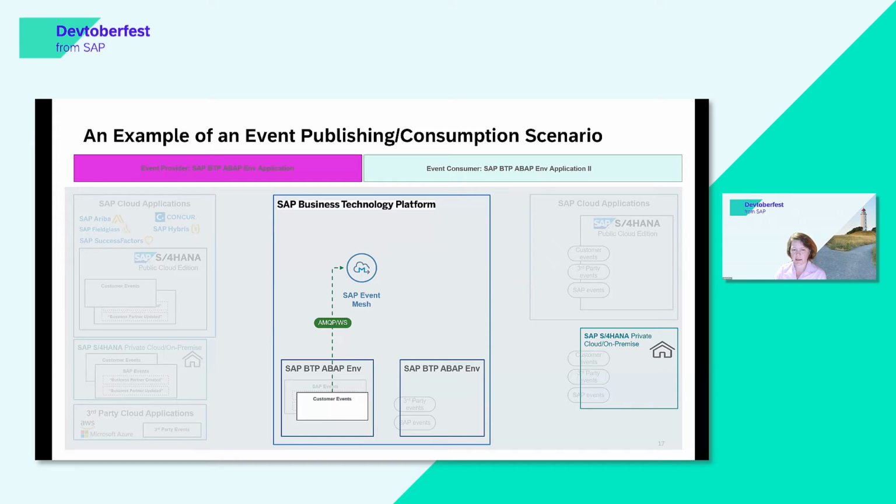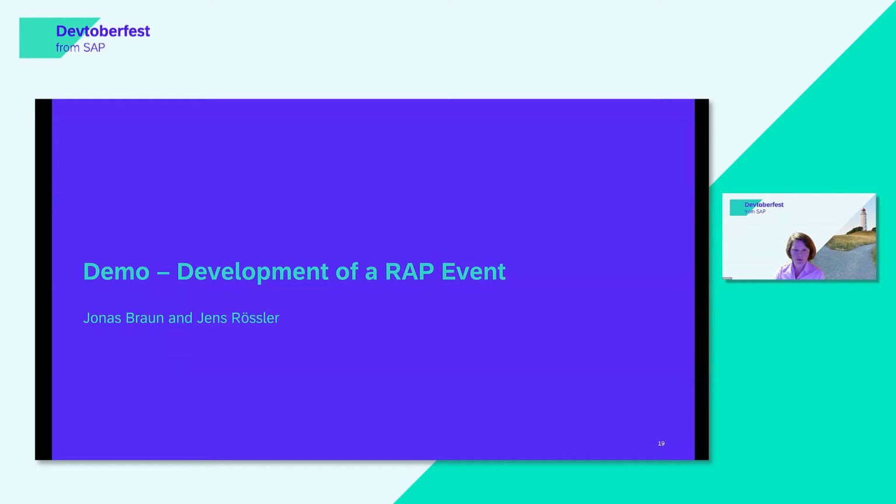And in the second step, we will also show you how to consume the same event. But let's start with the first steps. Jens and Jonas will show you what to do in the role of the developer and administrator for a new RAP event. And with that, I would hand over to Jonas and Jens.